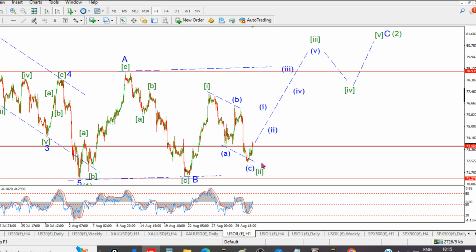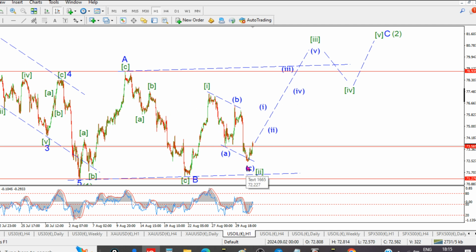And if we decline again and we threaten that 71.27 low, then all bets are off for this wave count, and we could be looking at a much shorter second wave and a more immediate decline into wave 3 down.